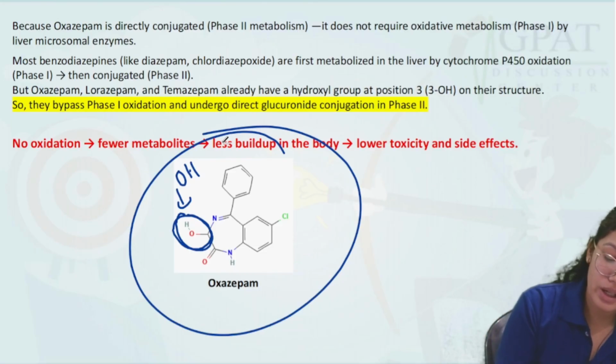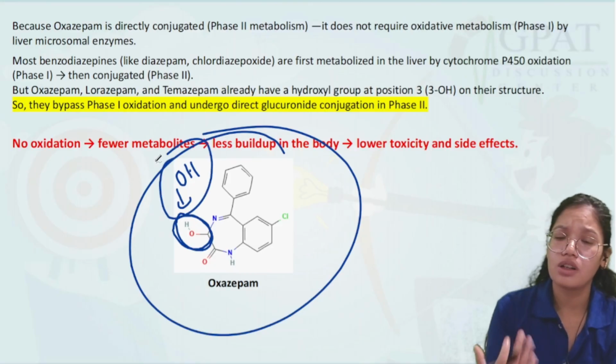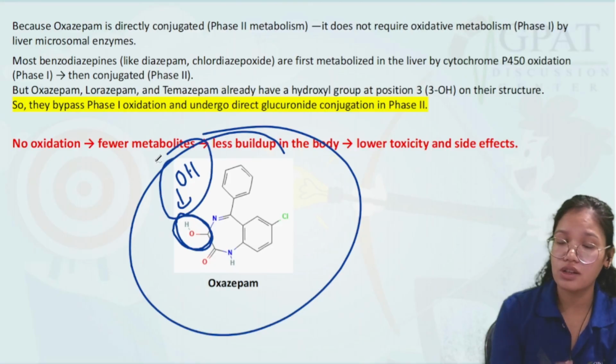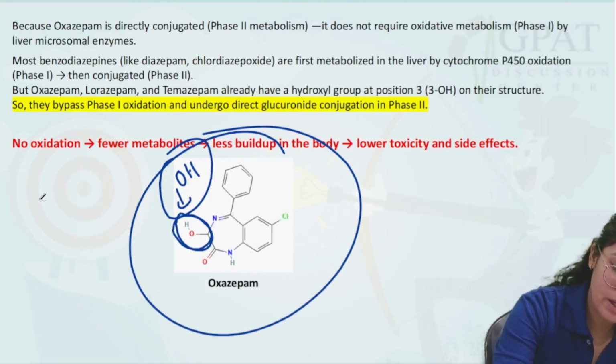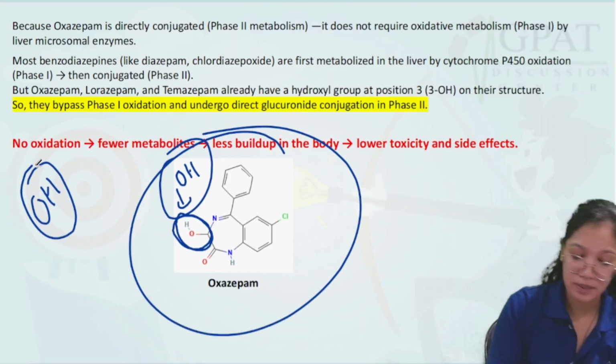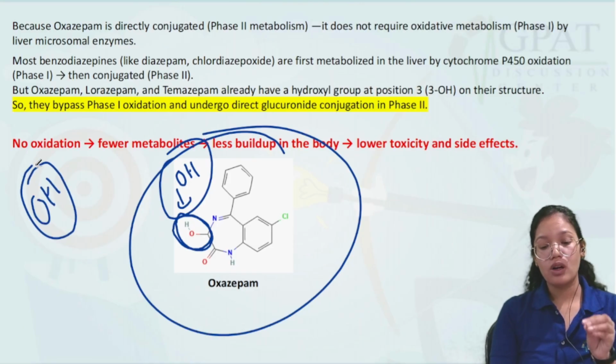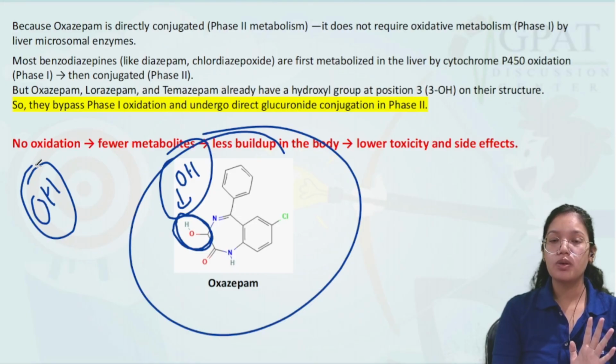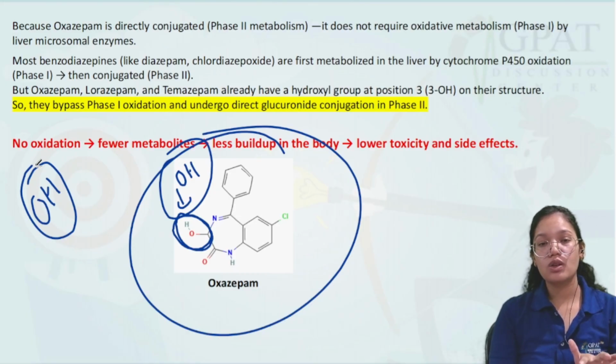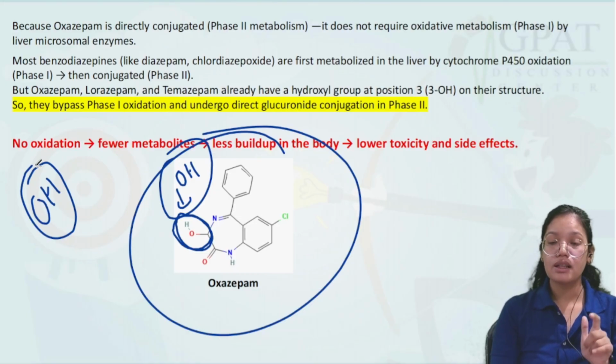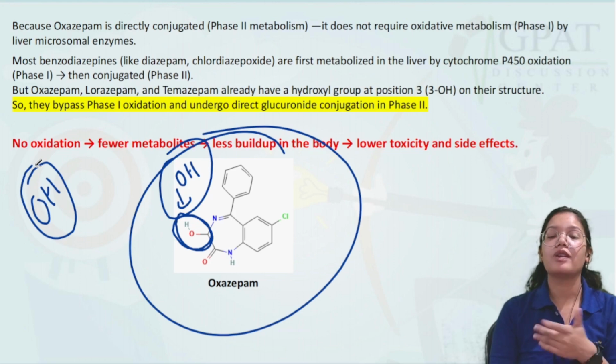In phase 1, oxidation, reduction, hydroxylation and similar reactions occur. Basically in phase 1 OH groups are added. As oxazepam already has an OH group at the 3rd position, it results in the bypassing of phase 1.